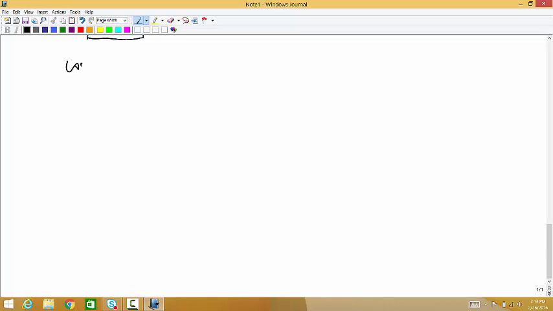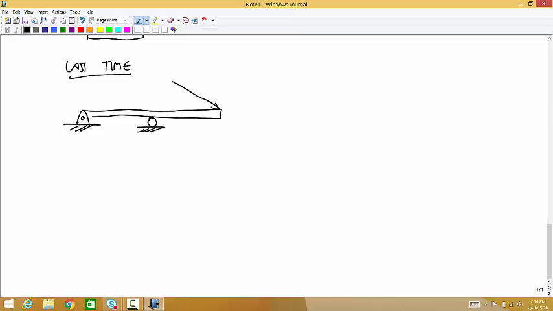Okay, so last time I introduced this problem where you had a beam with a roller at the center, a force there of 1,000 newtons, and a torque at the end of 500 newton meters.